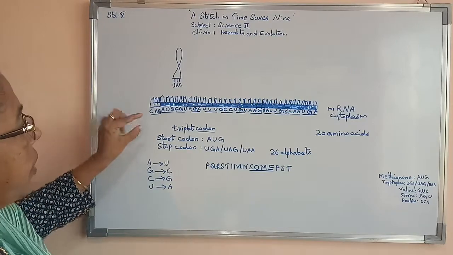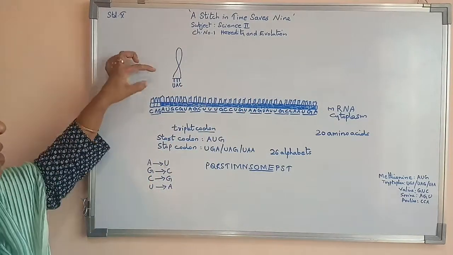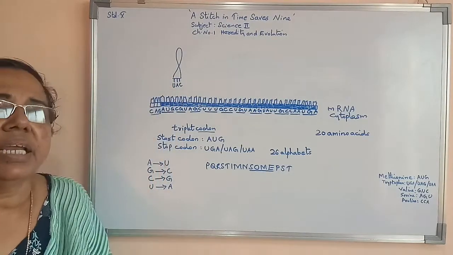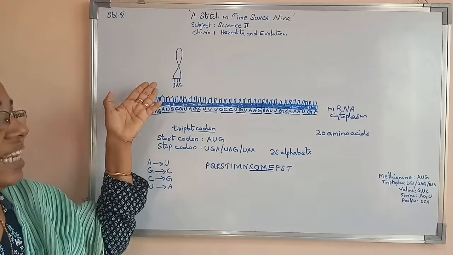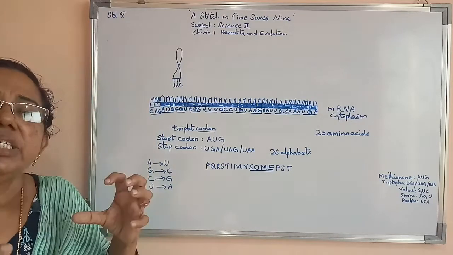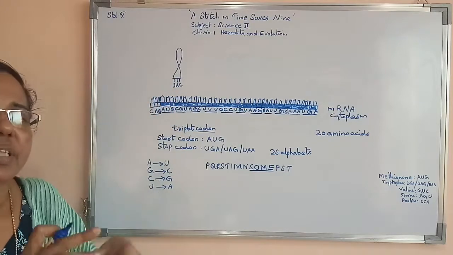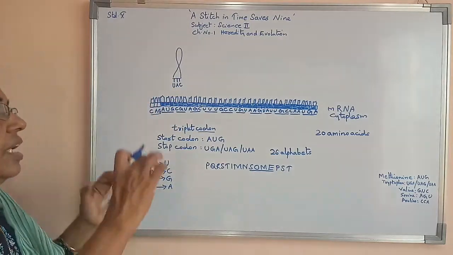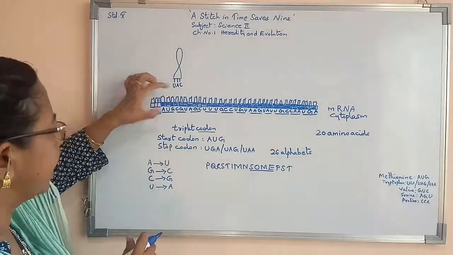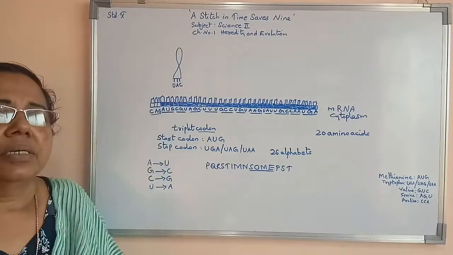Now we have to see that reading begins from here. With the help of the ribosome, the transfer RNA will be there. Inside the ribosome there will be RNA, so this transfer RNA will be along with the ribosome and will come towards here. Afterwards it starts to read where the suitable codon is.